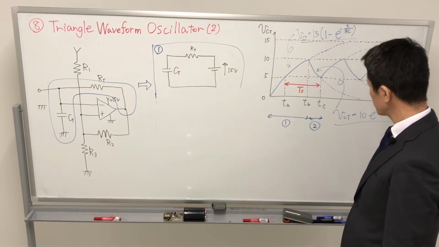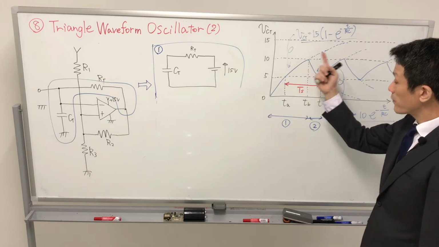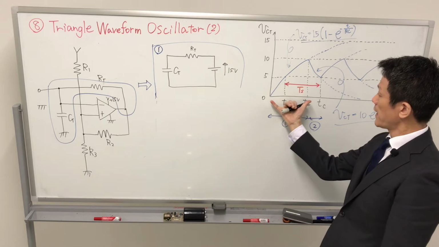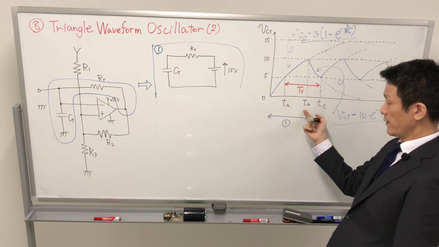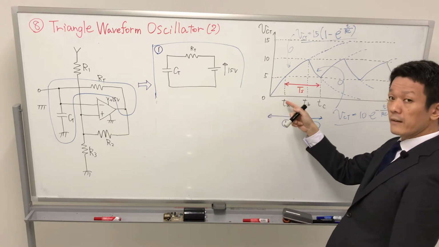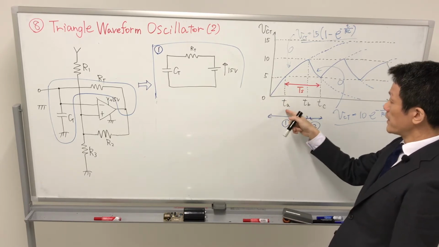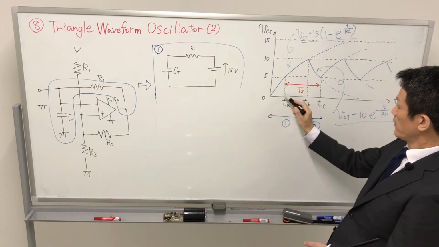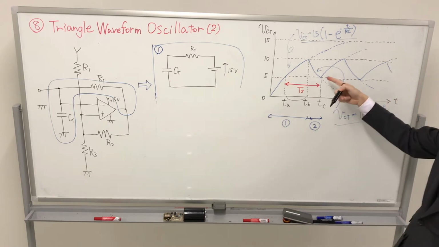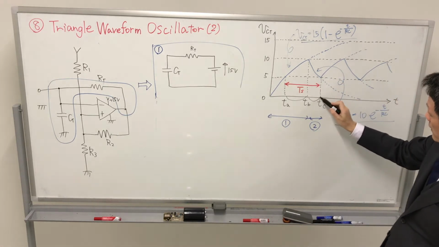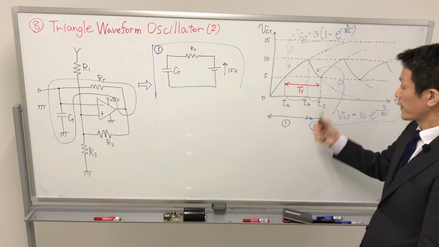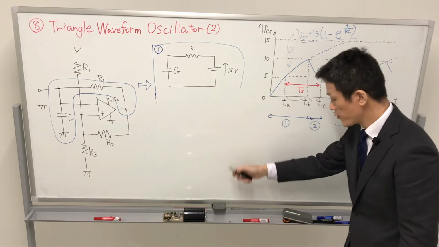Using this formula, we would like to obtain this term TB first, and later TA, and TB minus TA gives this term. In the case of TC, we obtain this term. Adding each term, we can obtain TS, and we can obtain the switching frequency.